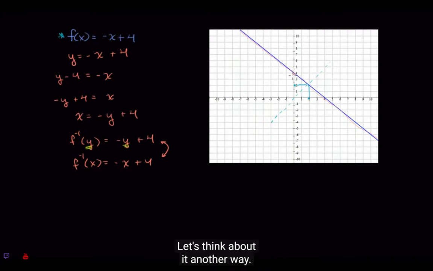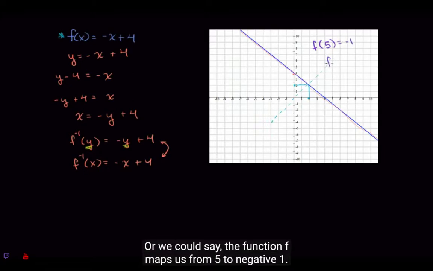Let's think about it another way. For the regular function, let me write it explicitly down. This might be obvious to you, but just in case it's not, it might be helpful. So let's pick f of 5. f of 5 is equal to negative 1. Or we could say the function f maps us from 5 to negative 1.